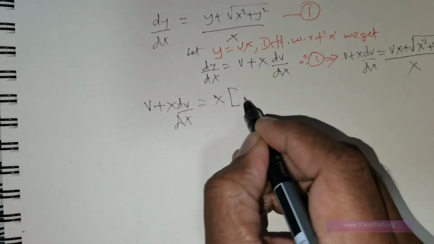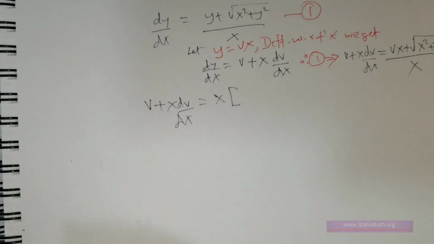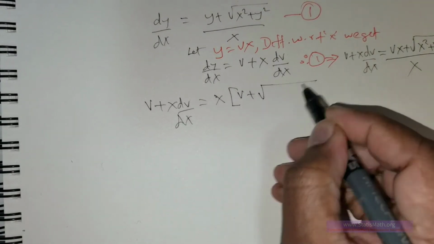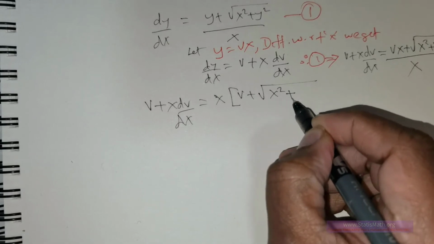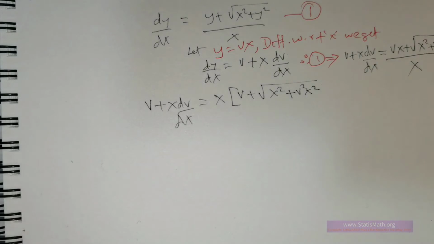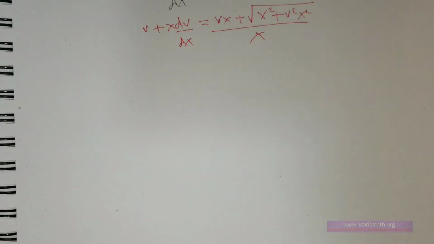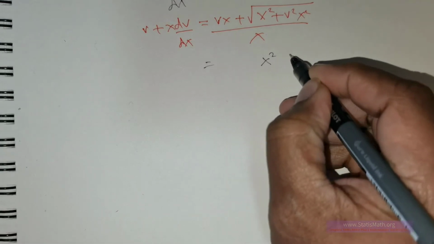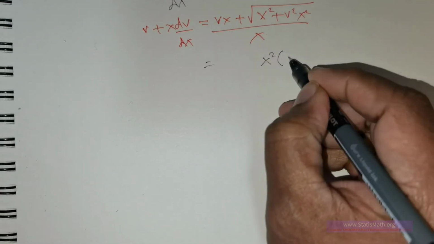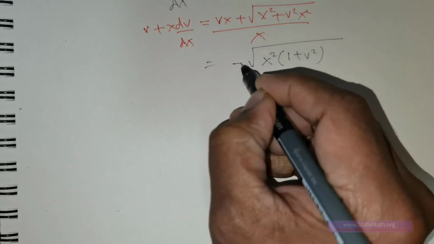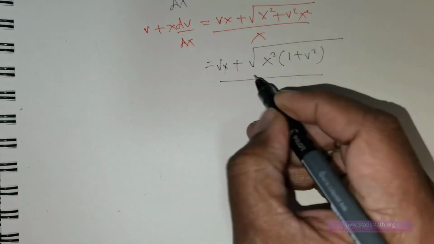So we have v + x dv/dx equals, taking x out, v + √(x² + v²x²). From the square root I can take x² out, so that would be √(1 + v²), plus vx, divided by x.